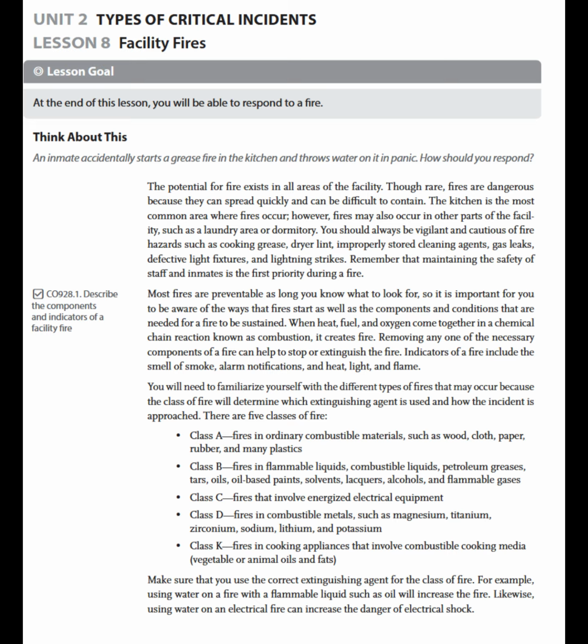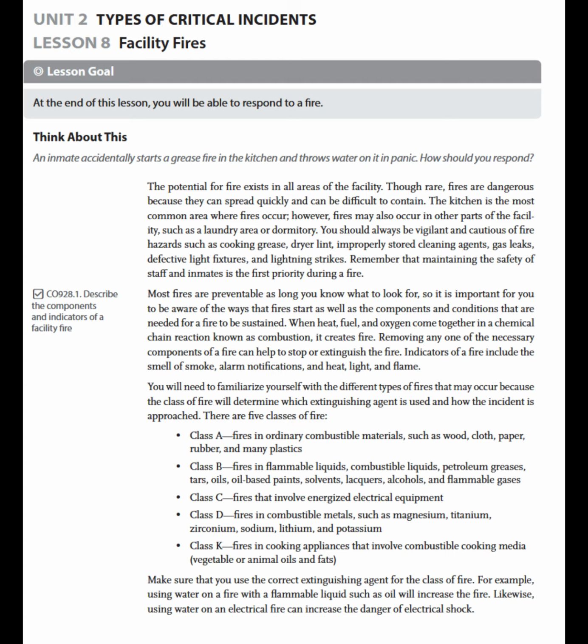Class A: fires in ordinary combustible materials such as wood, cloth, paper, rubber, and many plastics. Class B: fires in flammable liquids, combustible liquids, petroleum greases, tars, oils, oil-based paints, solvents, lacquers, alcohols, and flammable gases.